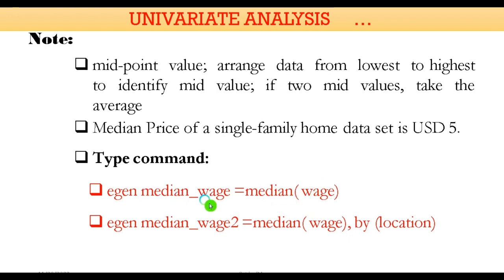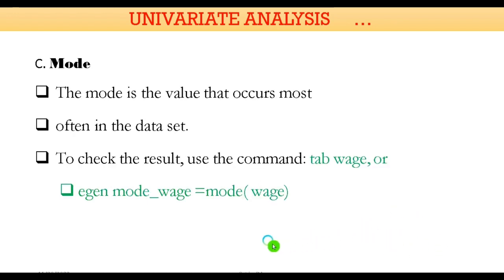In the second case, if you want more information, for example, you want to categorize in terms of location, you can use comma by location, or if you want to identify by gender, again you can write the other variable here.